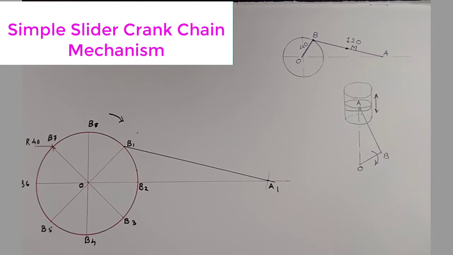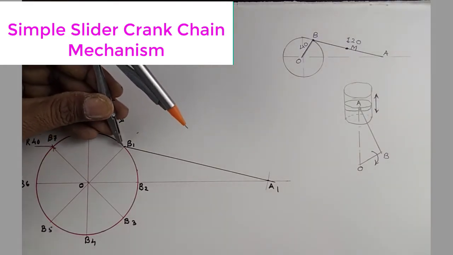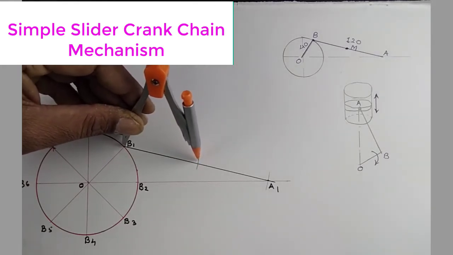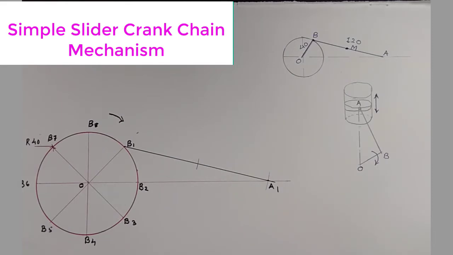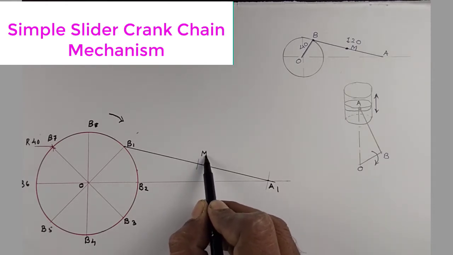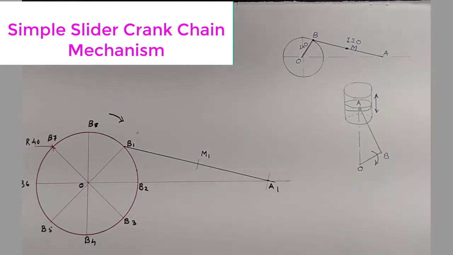And you have the midpoint on connecting rod BA. So what I do, I take a 60 mm radius, keeping B1 as a center. Now I draw the arc on connecting rod B1 A1, where I get the first middle point M1.